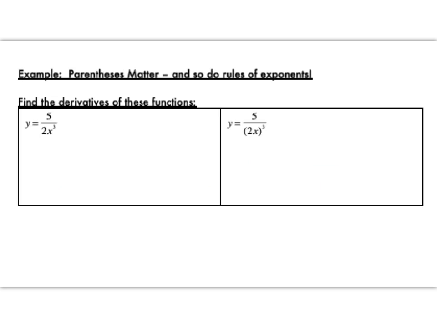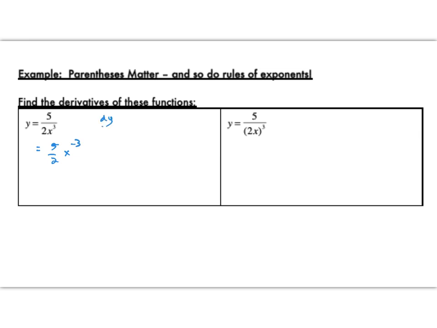All right, now, folks, parentheses matter here, and so do the rules of exponents. So when we differentiate things, you want to make sure that you take care of all your grouping symbols and your parentheses first before you jump into other stuff. This first one on the left, you notice there are no parentheses. So that means that I could rewrite this as 5/2 x to the -3.